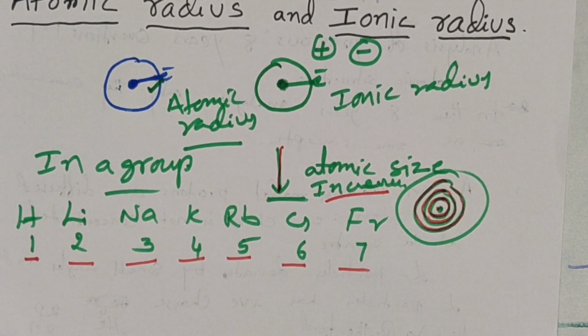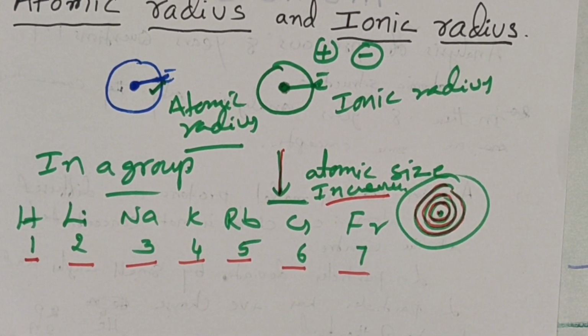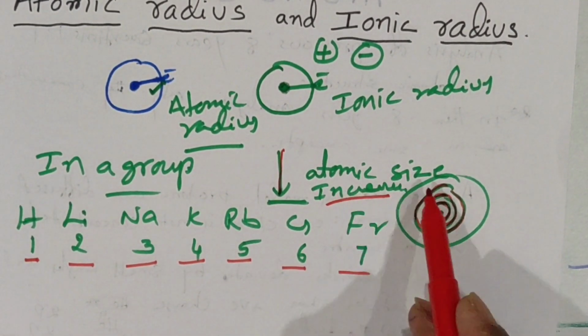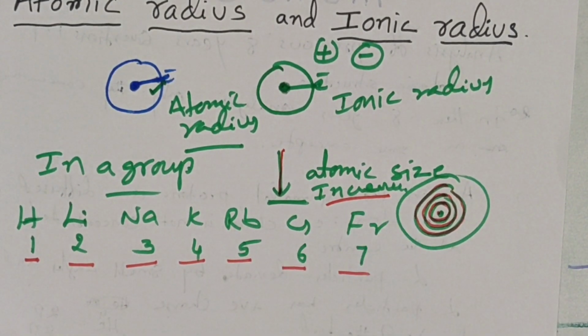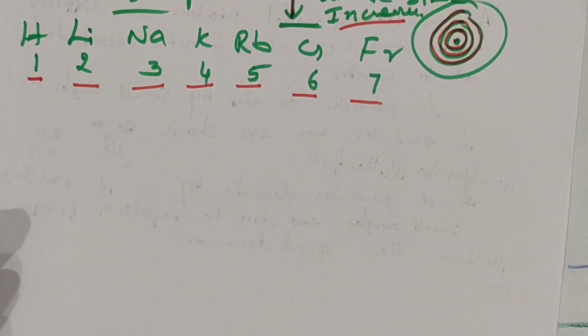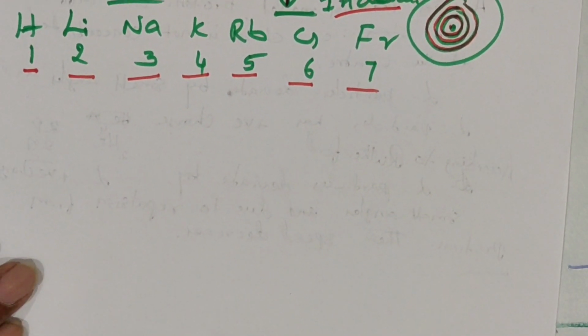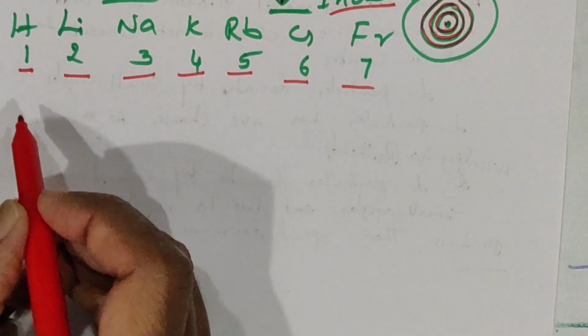Now, in a group from top to bottom, atomic size increases, right? Next, you have to observe the period also.